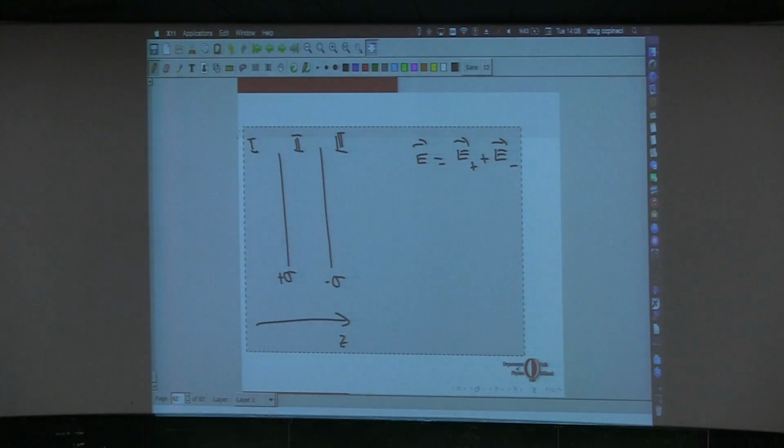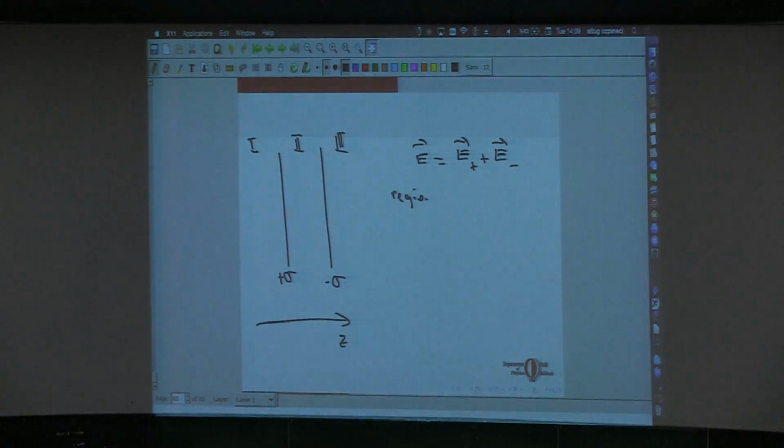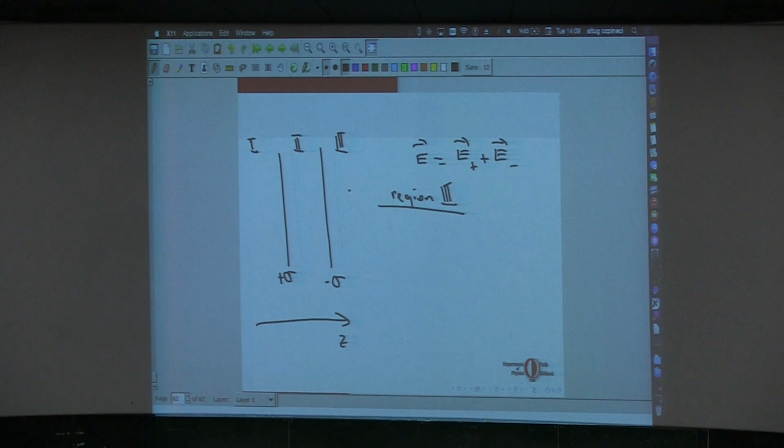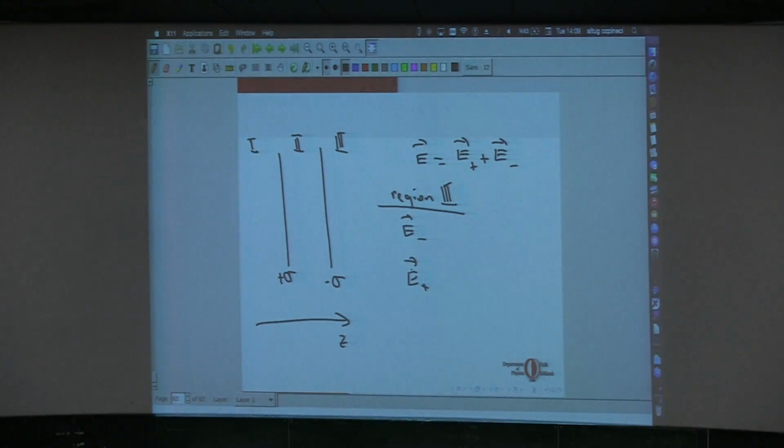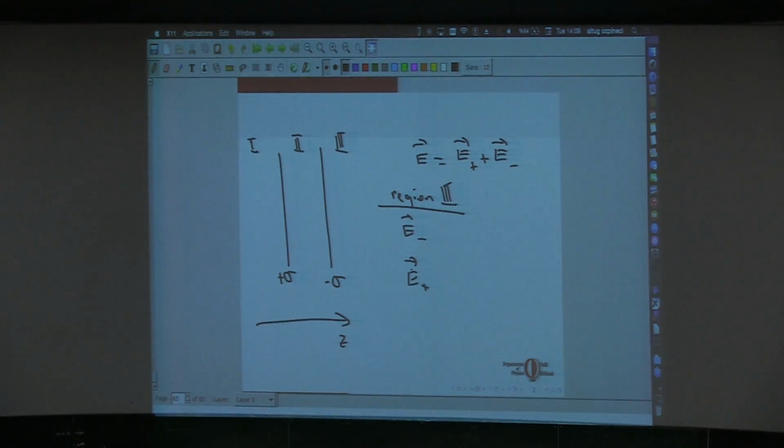And finally, in region 3, the electric field created by the negative charge. If you just imagine some positive charge, it will feel a force towards the negative charge, that is in the negative Z direction.